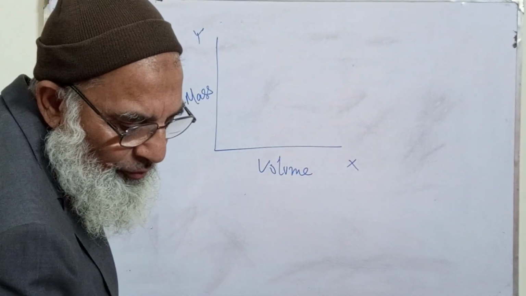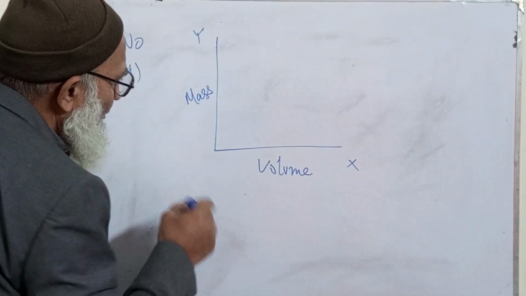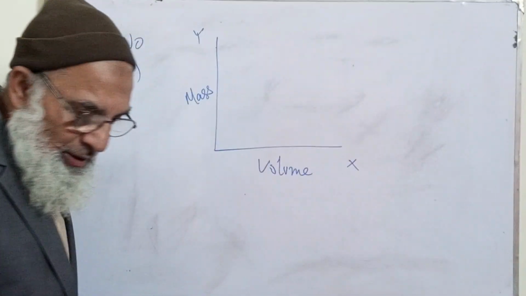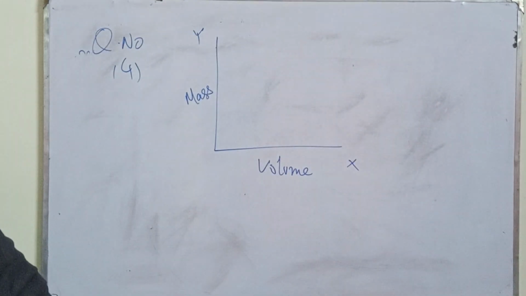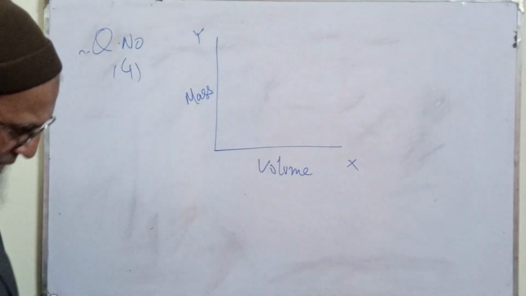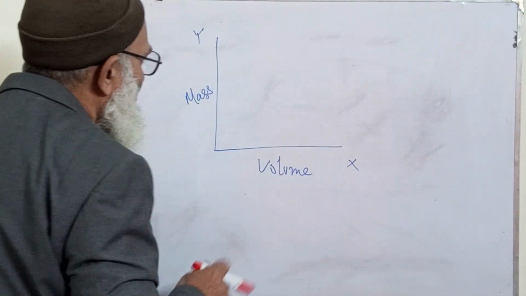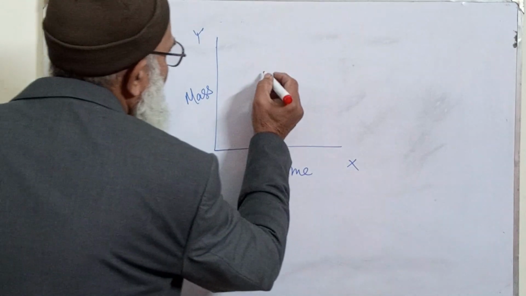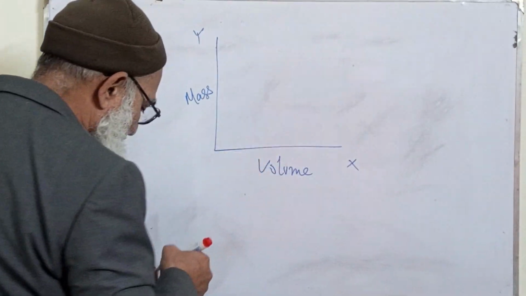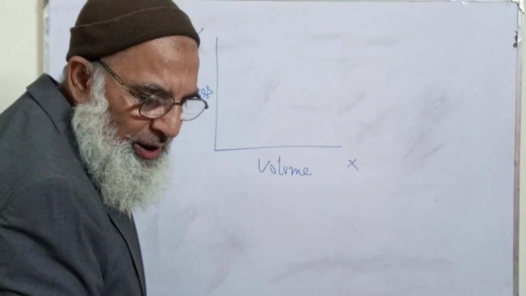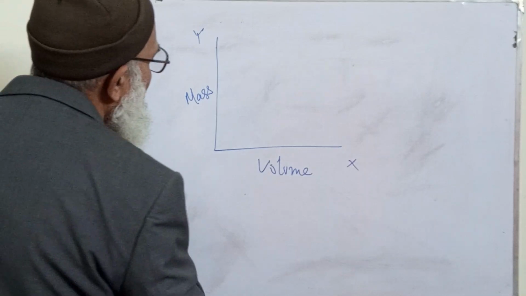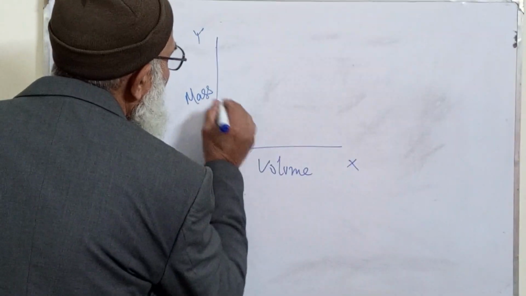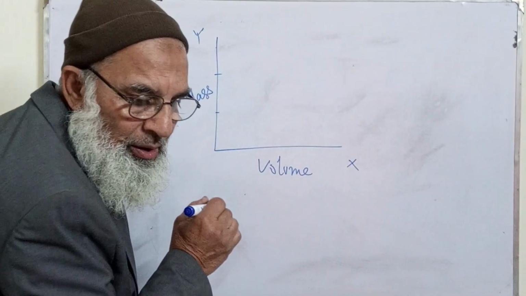Okay. Now there are 4 things given. Now let me take another marker. Now what we do here is 1, 2, 3, 4. Let me make the grid first. Let me make the grid from here to here, from here to here.